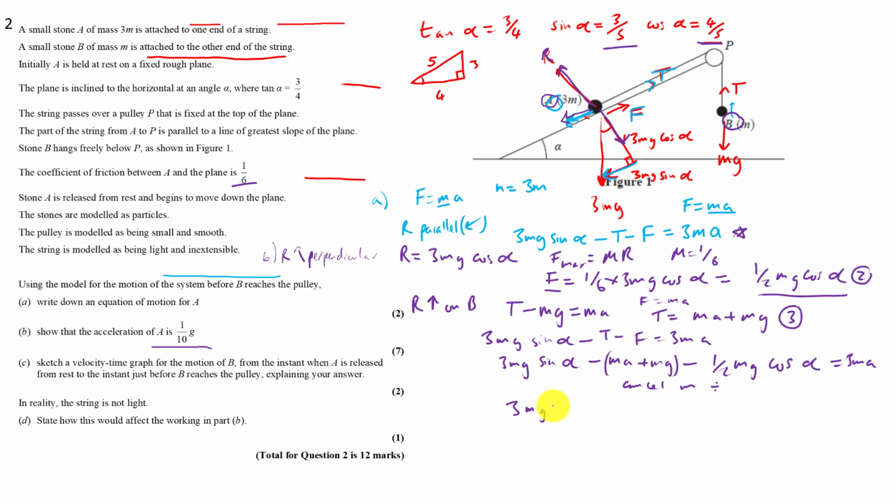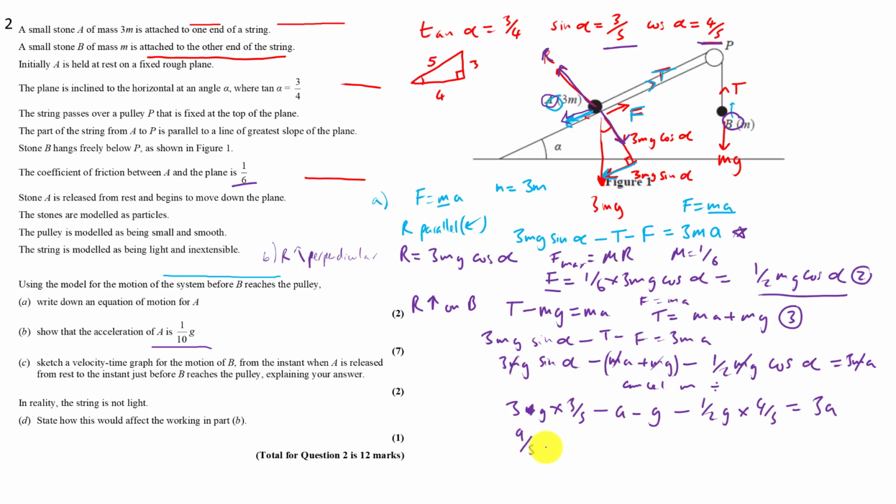So I've cancelled out m, so that's 3g times 3 over 5, minus a minus g minus a half g times cos alpha, which is 4 over 5 times 4 over 5, equals 3a.